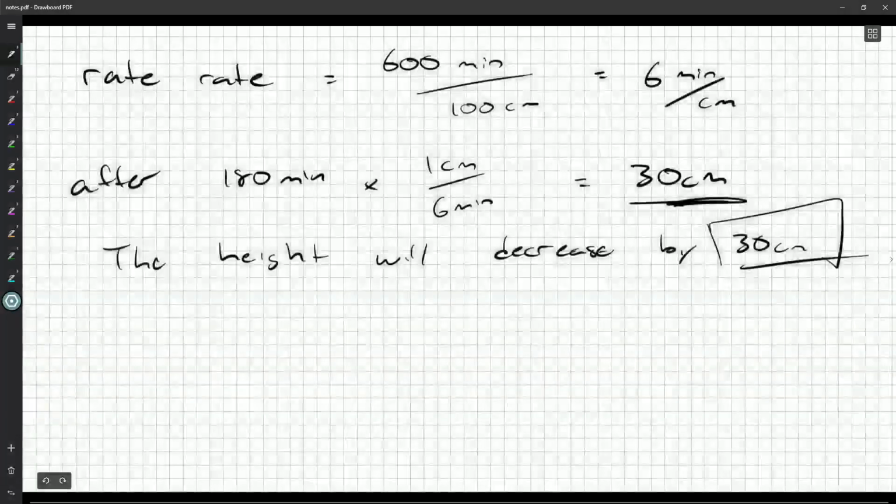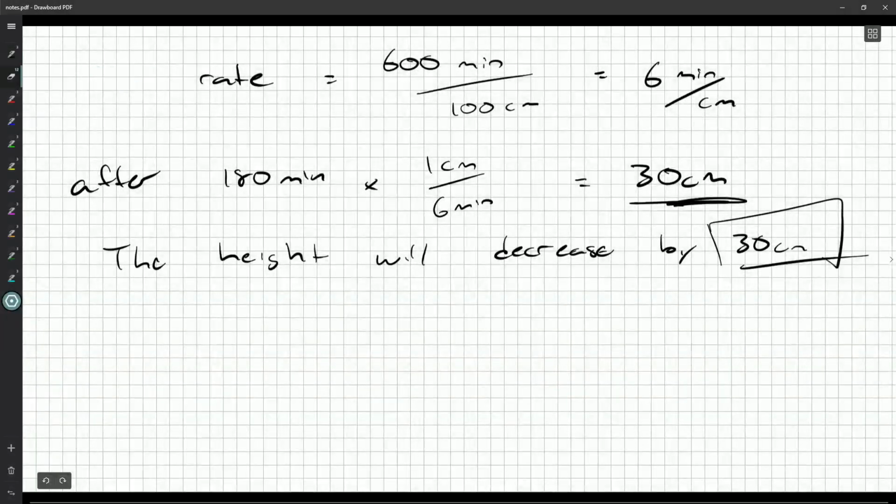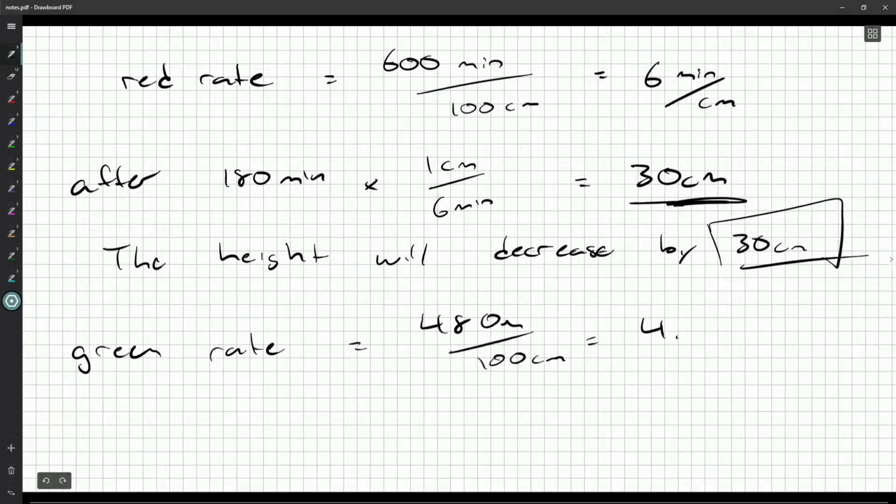All right, slightly different. I said red rate, but I didn't write it. Let's say green rate: 480 minutes per 100 centimeters. That's going to be 4.8 minutes. Do I want to write that as a fraction or decimal? I'll leave it as decimal for a moment.